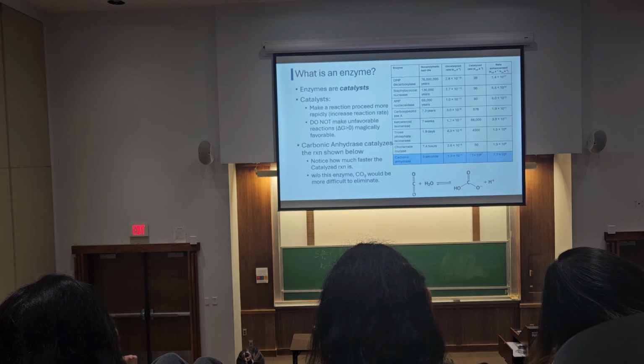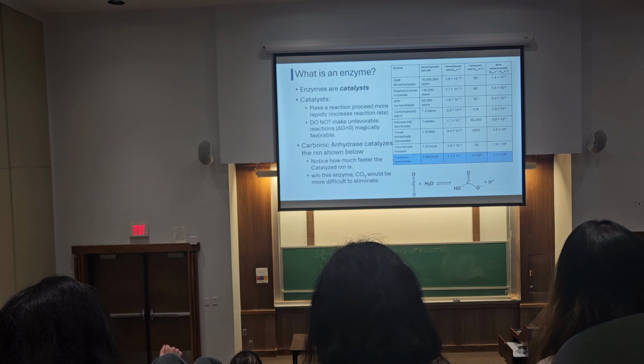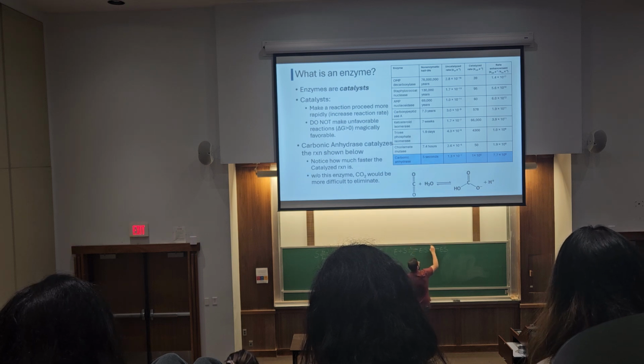That's a separate thing because in that case, what we're looking at is the entire picture. In this case, what do we have? K1, K minus 1, K2, K minus 2. We're ignoring K minus 2, so we get rid of that.